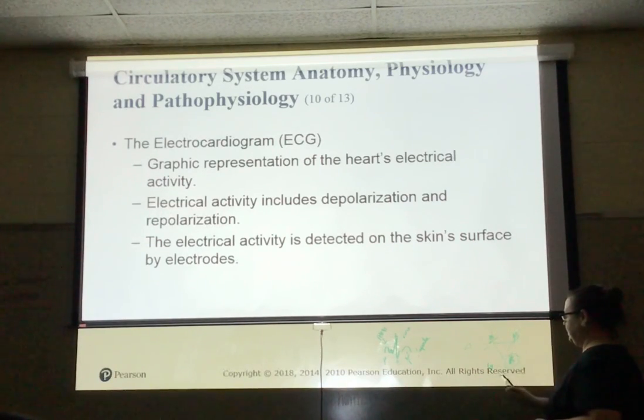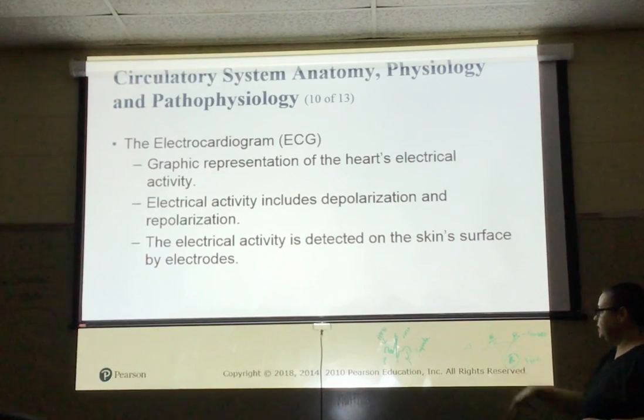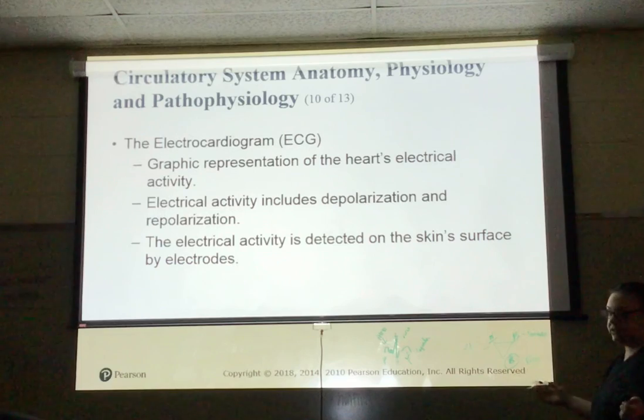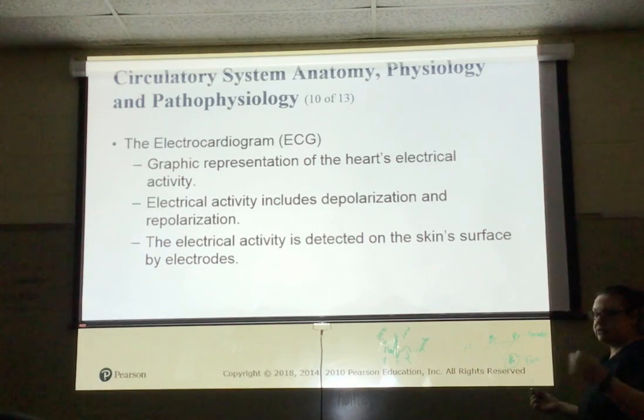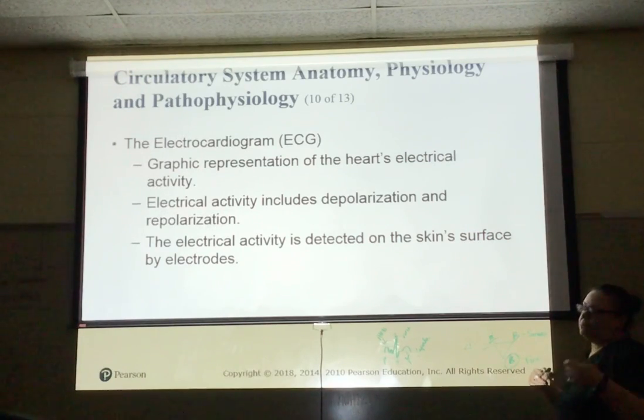Or white, black, red, and some people remember it: red is fire, so you put smoke over fire. The white one goes over here, and then the green one goes at the bottom. Some will not have this green lead. I call it a green lead because the color on it is green, but they'll actually have labels like right arm, left leg, right leg, stuff like that.